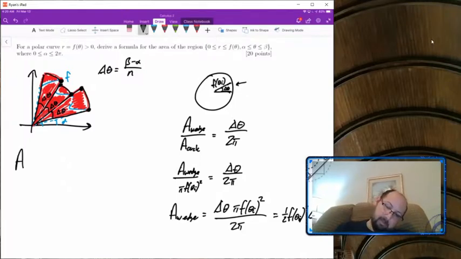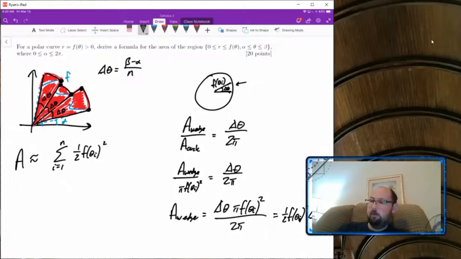So the area is approximately the sum, as I goes from 1 to n, of the area of each of the wedges, 1/2 f of theta I squared delta theta. For large n, the area is approximately this.